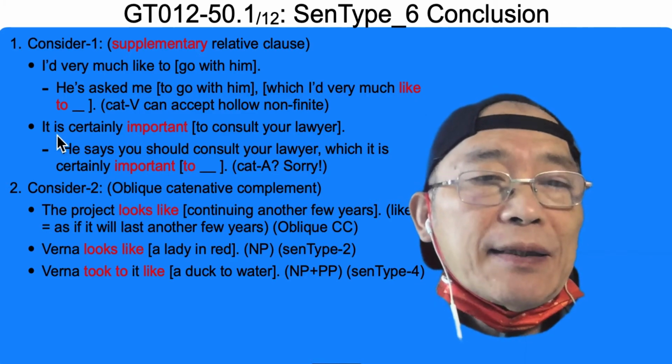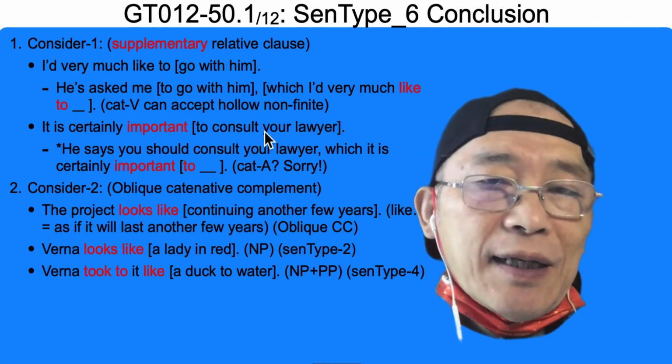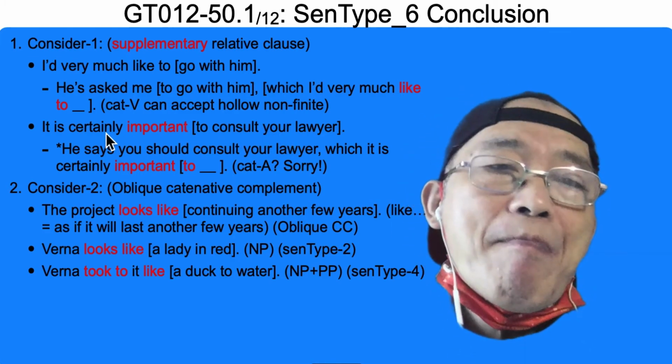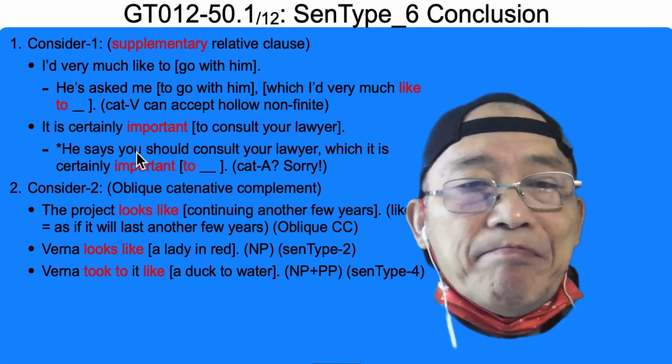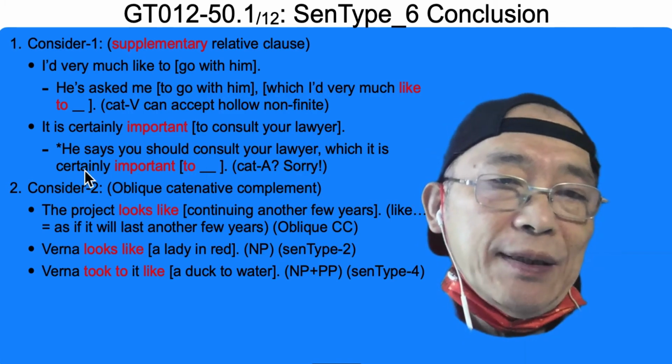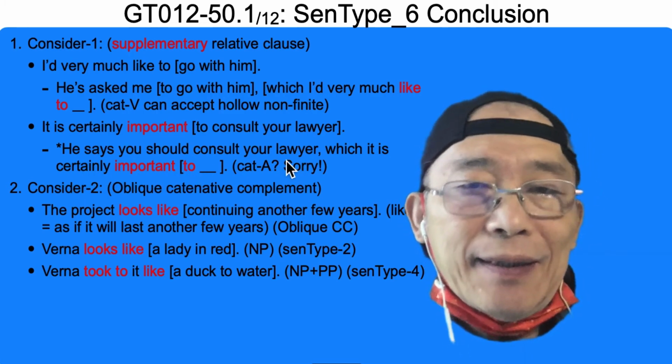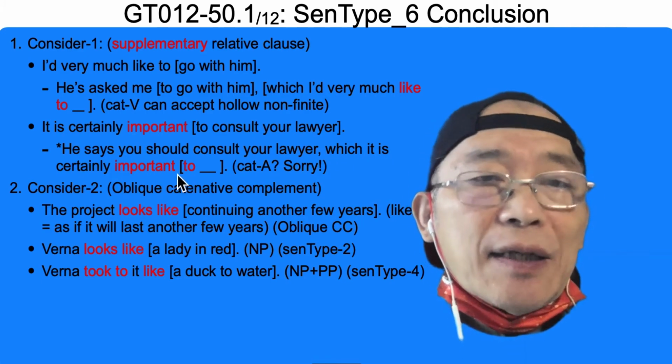Okay, let's check this sentence. It is certainly important to consult your lawyer. It says you should consult your lawyer, which it is certainly important to. Let's check which it is important.